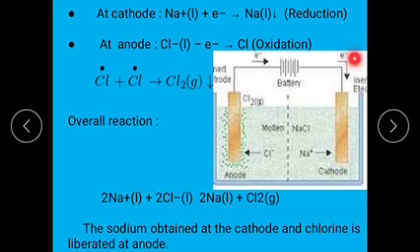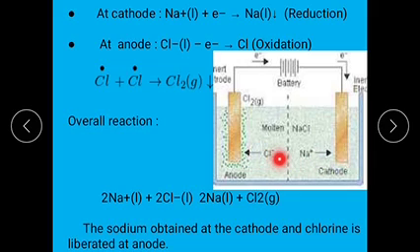Let us see this picture. Here we are taking molten NaCl, and we take two electrodes, which are connected through a battery. When we pass the electricity through it, this molten NaCl splits into Na plus and Cl minus.